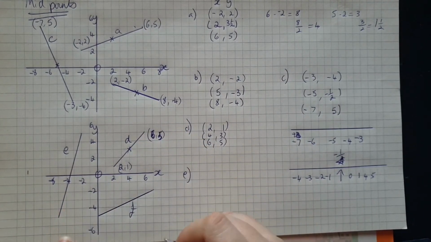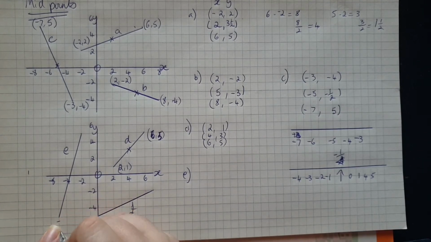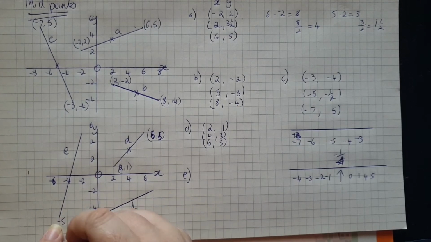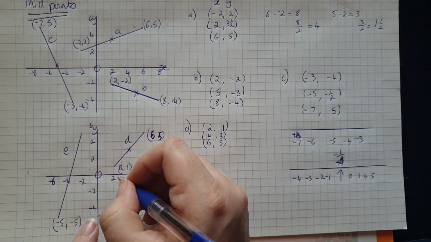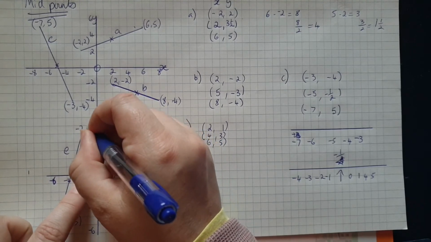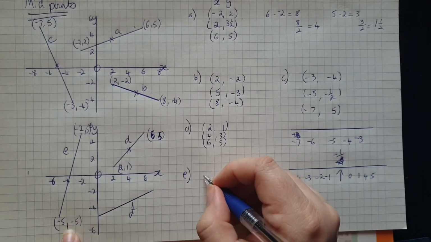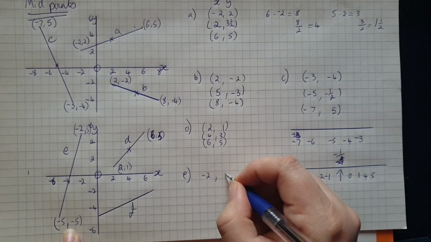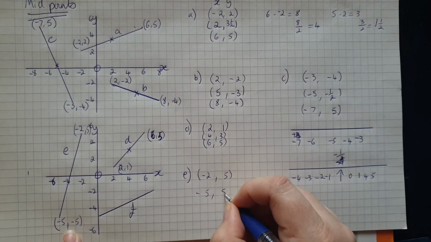E. -6 is not very clear. -5, -2, 5. So again, jot them down. -2, 5, -5, 5.